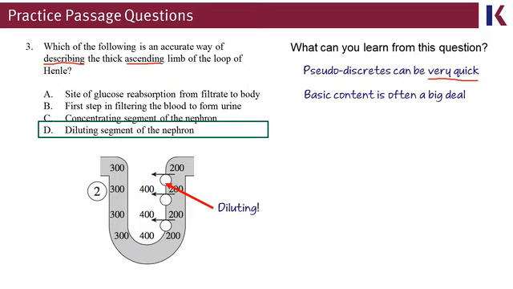Not only can the basic content get you points, but the basic content is also a stepping stone to get more complicated points. Even with this question, where the answer was very quickly, oh, it's the diluting segment of the nephron, there is a very basic piece of content hidden in there in that you need to know what dilution means. In fact, you need to know what dilution means without even thinking about it.